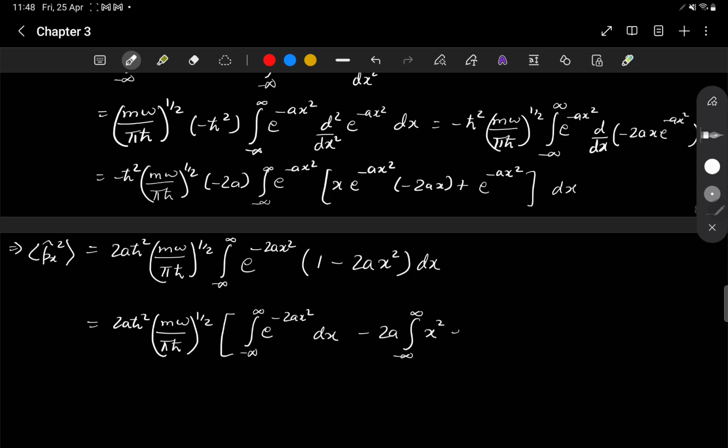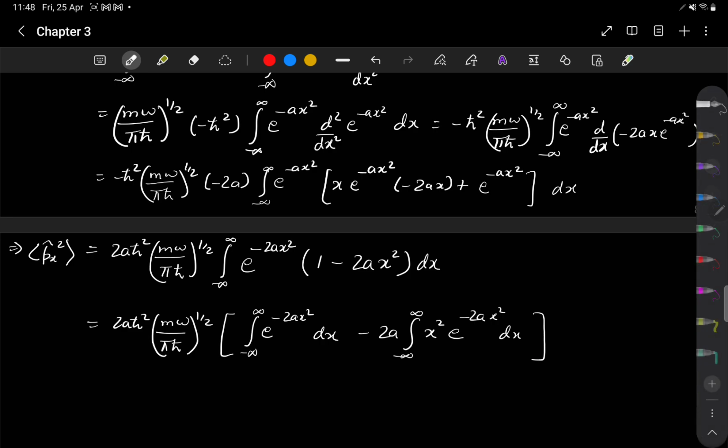And this is the second integral. Now here we'll make use of the Gaussian integral. And here we'll make use of the gamma function, the gamma integral.